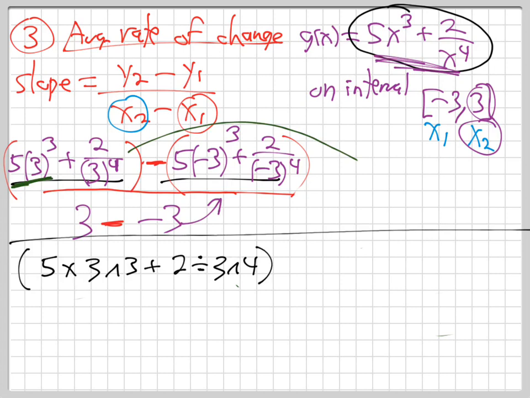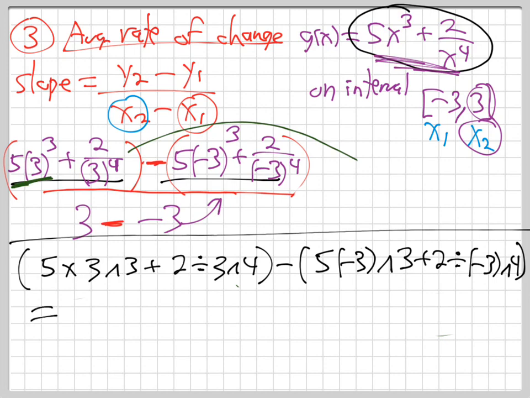Oh, yeah, we need, I'll show you. Minus, parenthesis, 5, and then for the minus 3, you do have to put parentheses around the minus sign, to the 3, plus 2 divided by minus 3 to the fourth, parenthesis. Then you have to hit equals or enter before you divide by the denominator. That's super important.